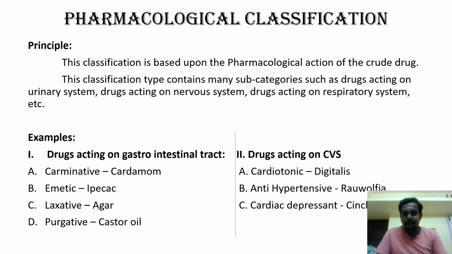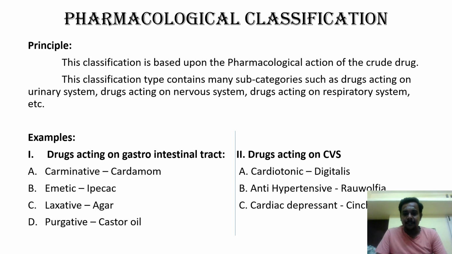Second category, drugs acting on our cardiovascular system. Below that we are going to see three subcategories. Number one, cardiotonic, drugs that tonicize, meaning which nourish our heart. The best example is Digitalis purpurea, right? Second, antihypertensive agents.